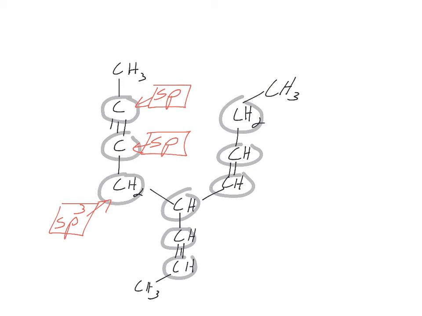Let's do the next one. What's the hybridization state for that carbon? Does it have any pi bonds? Nope, so it's sp3 again. Next one down. It's a double bond. I drew that poorly, sorry.